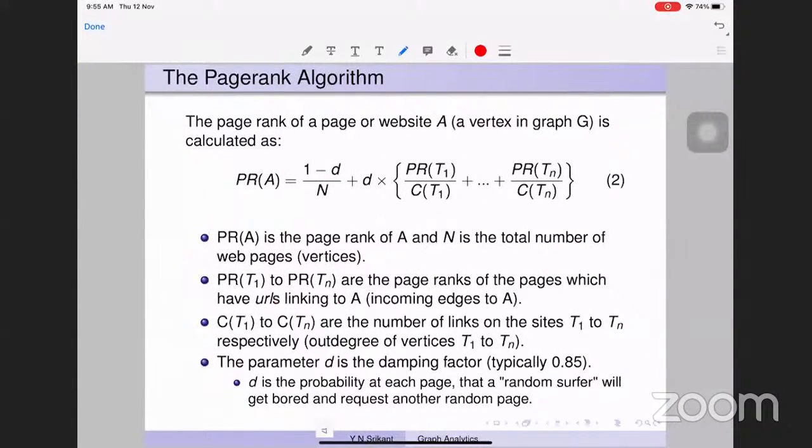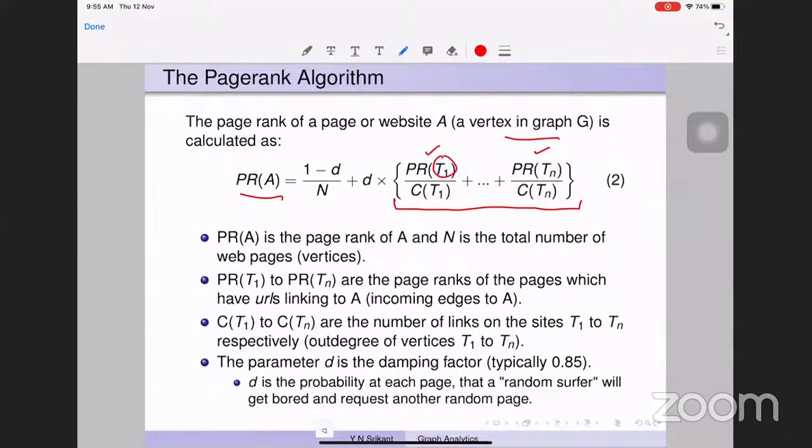I am not going to write a program here, but PageRank of A, the website A, in the graph, is a vertex. First, let us consider this part. There are many items here, PR(T1)/C(T1), PR(T2)/C(T2), and finally PR(Tn)/C(Tn), which are all added.